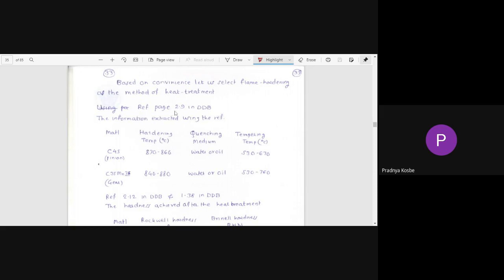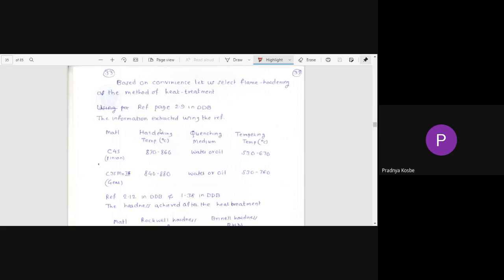These page numbers are also available, and from this design data book, this information is extracted, and this information is for the material we have selected: C45 for a pinion, and for a gear the material is C35 Mn75.